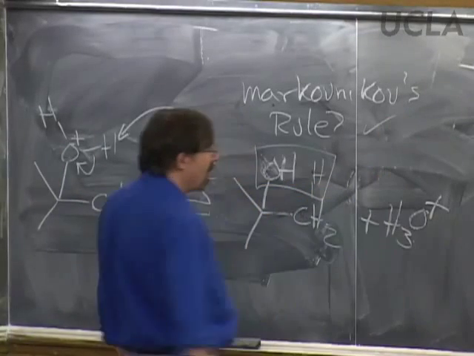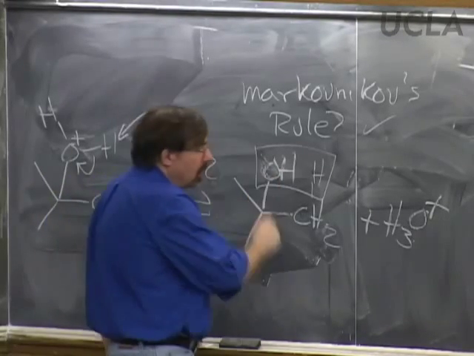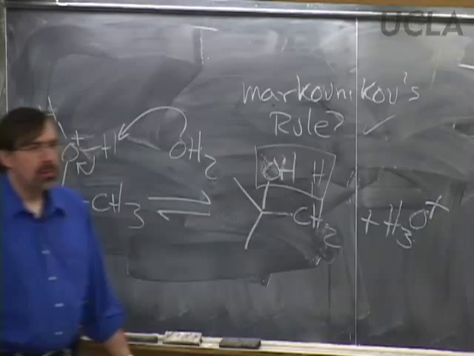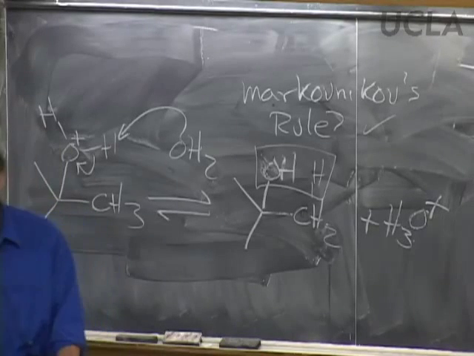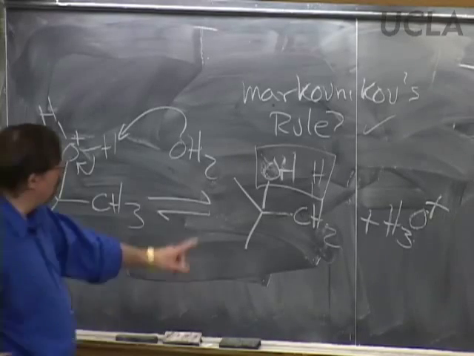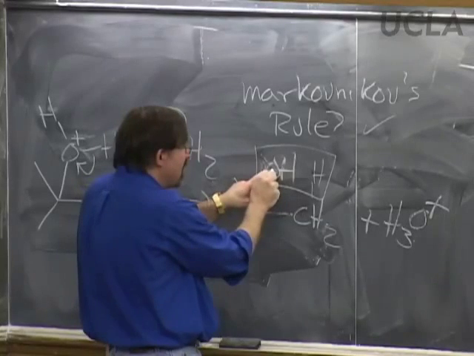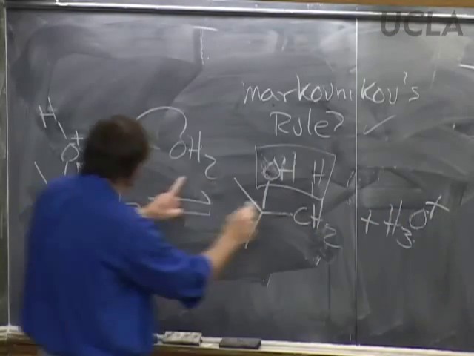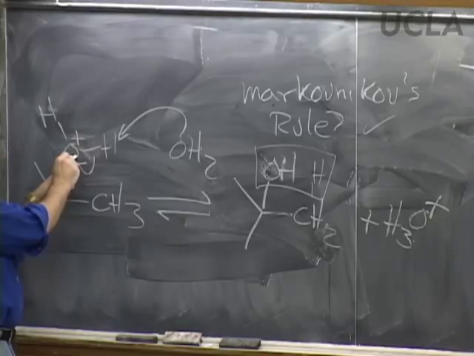Another thing that follows Markovnikov's rule. Now, something else you might notice about this. Does this combination of alcohol plus H3O plus look familiar? Remember back when we talked about E1 reactions? We said if we took an alcohol, you could remove a molecule of water from an alcohol by adding H3O plus, that protonated the alcohol to make it into a leaving group, not a great leaving group, but still a leaving group.